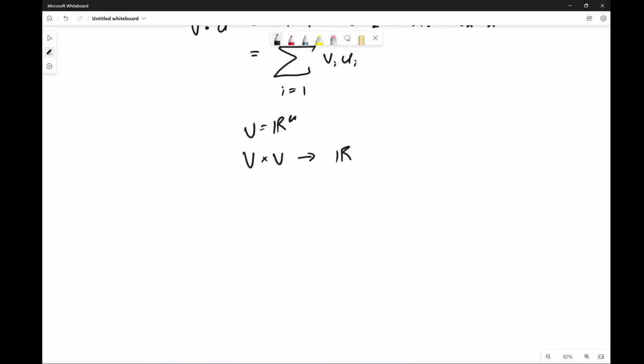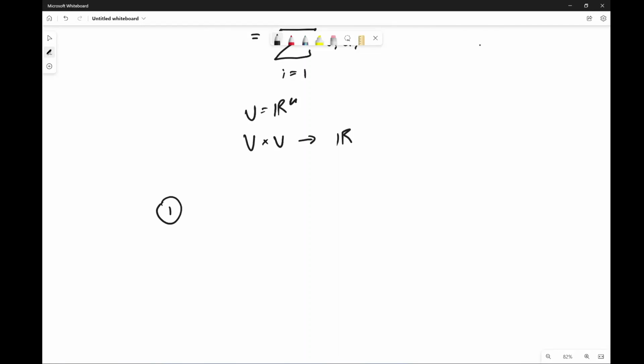So our first property is V dot V is greater than or equal to 0.